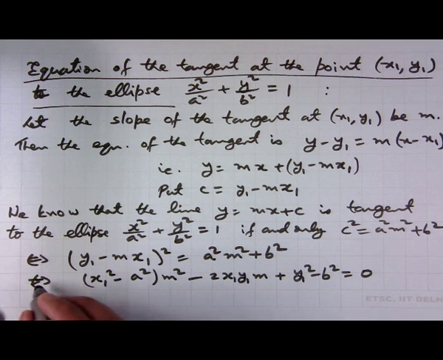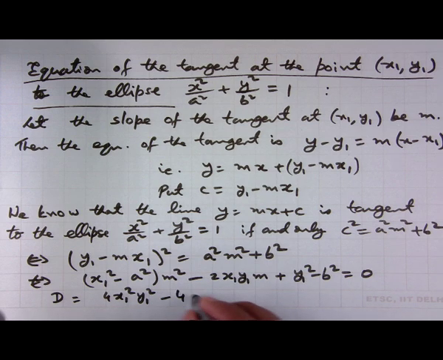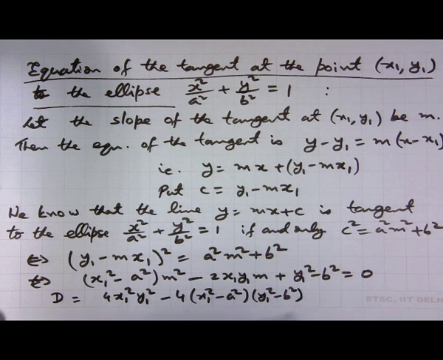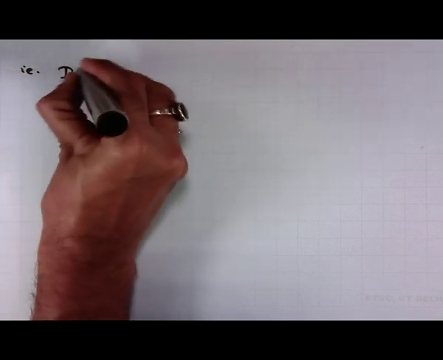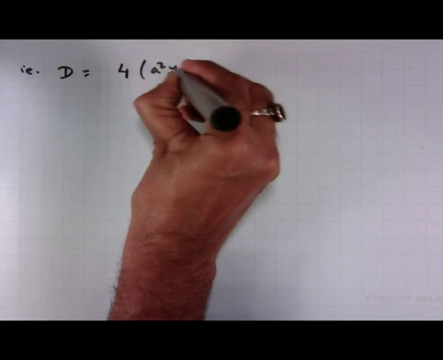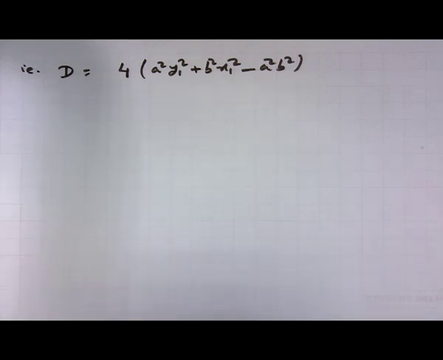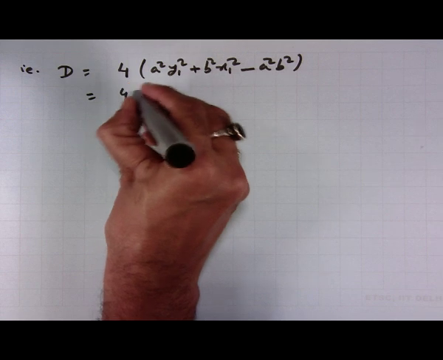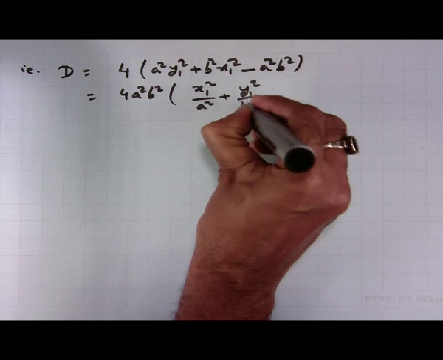And here note that the discriminant D is equal to 4 x1 square y1 square minus 4 (x1 square minus a square) times (y1 square minus b square), which gives D is equal to 4 times (a square y1 square plus b square x1 square minus a square b square), which is same thing as 4 a square b square times (x1 square by a square plus y1 square by b square minus 1).